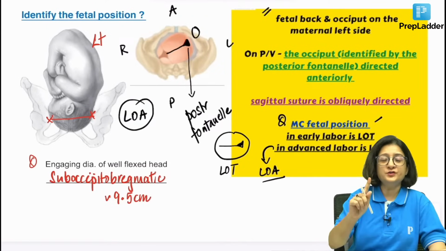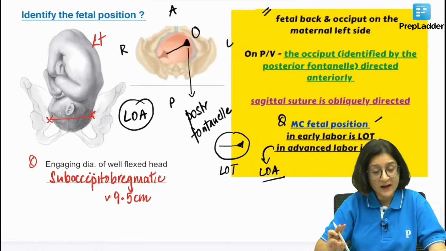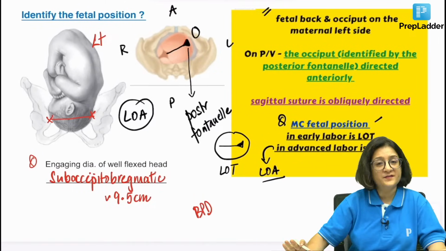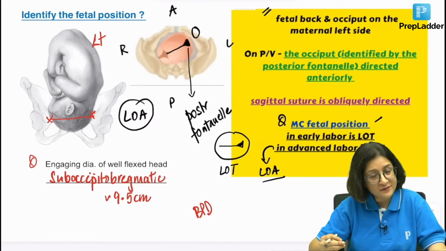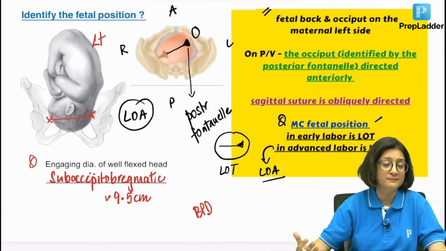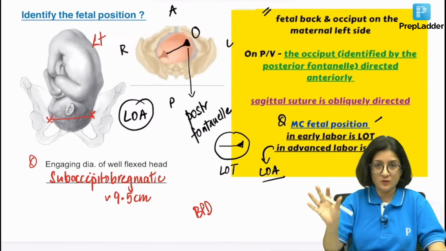I want you to remember the diameters that are 9.5 centimeters. One is the biparietal diameter, the BPD, also 9.5 centimeter. Suboccipitobregmatic is also 9.5 centimeter, and submentobregmatic is also 9.5. So where there is bregma, that is also 9.5.